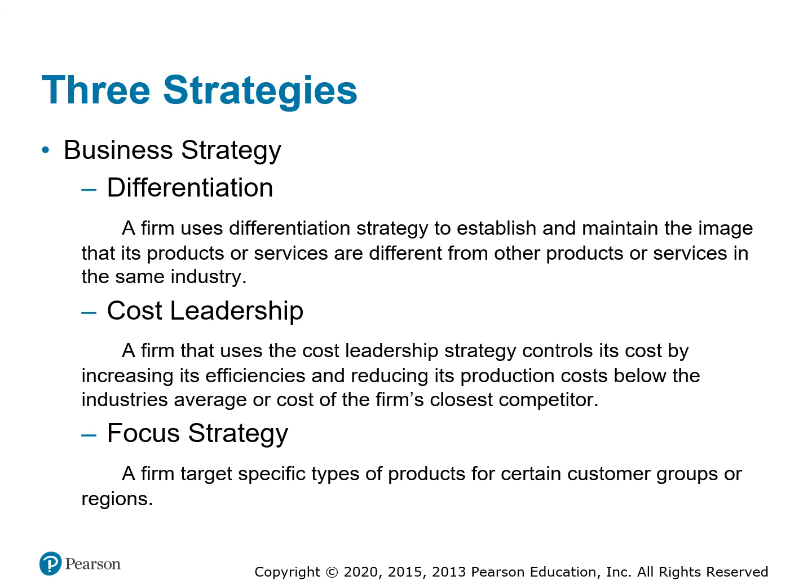Focus strategy is the third form of business strategy. A firm targets specific types of products for certain customer groups or regions. The focus strategy allows the firm to match the features of specific products to the needs of specific consumer goods.